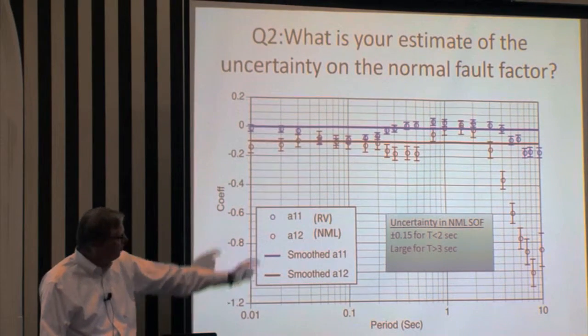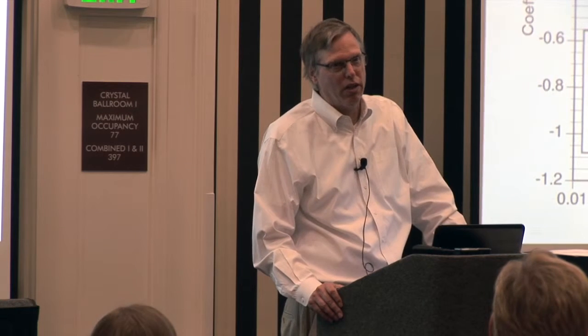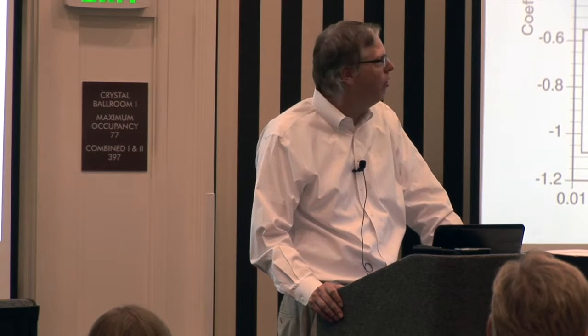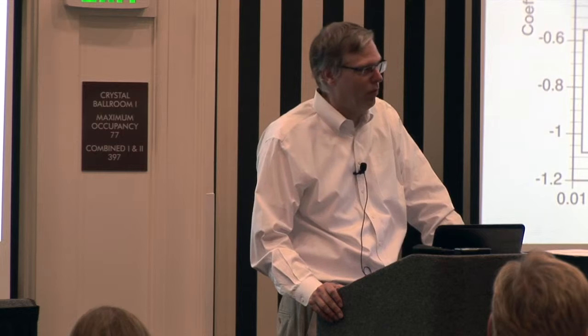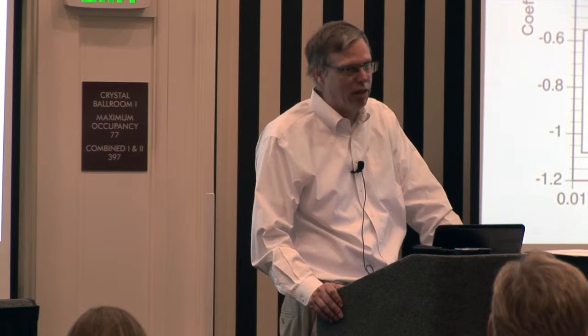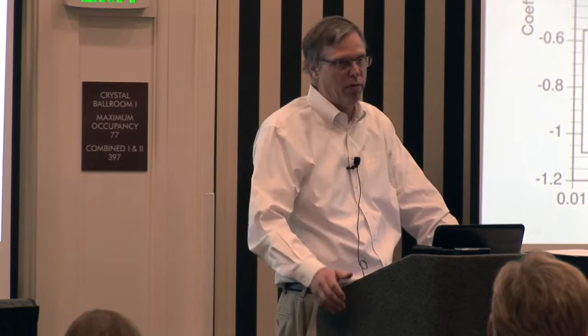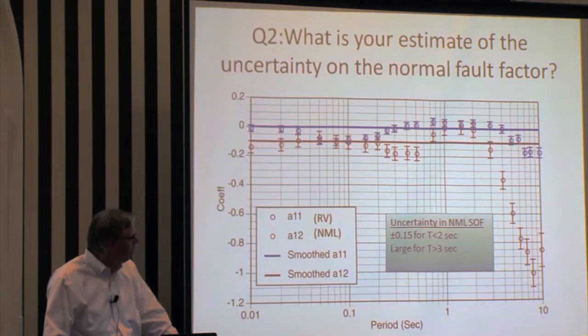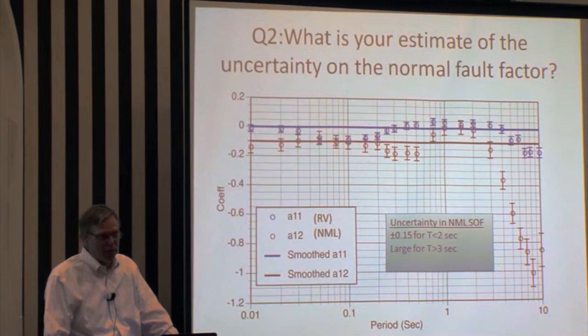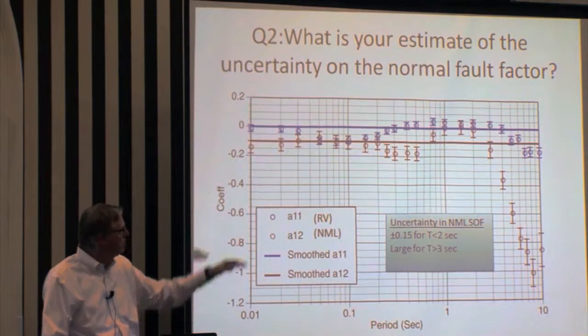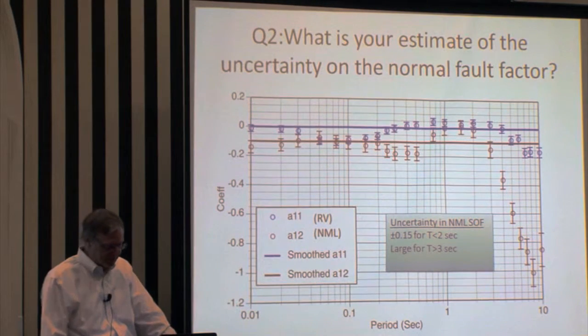At long periods, you can see what happens to our style of faulting factors. They go very negative. The data are becoming less reliable out there, and we have fewer data points to work with as well. But I don't know what to do with that, and so I did not let the model go down, and I forced it to stay at a high value.